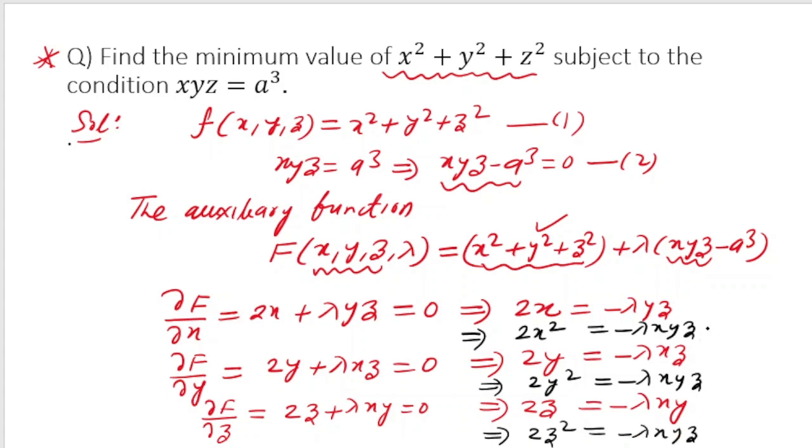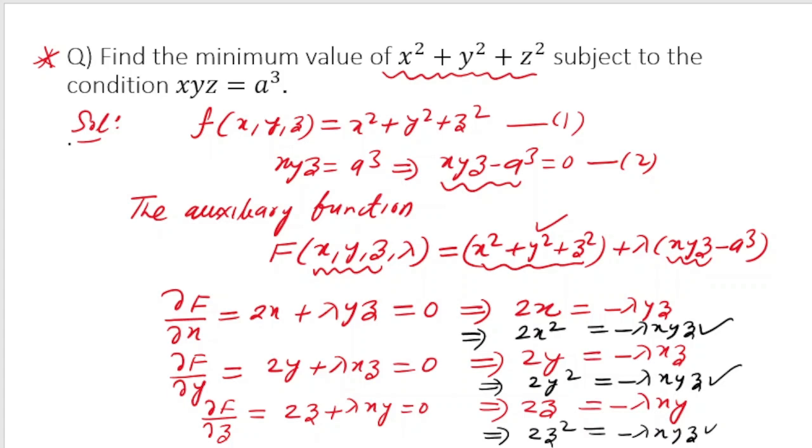You are smart enough to understand that I have done it because it was symmetrical, and now all three equations have the same right hand side. So from this we can conclude that since the right hand sides are equal, 2x square is equal to 2y square is equal to 2z square. Basically this is x square is equal to y square is equal to z square. So we have got a relation between x, y and z.